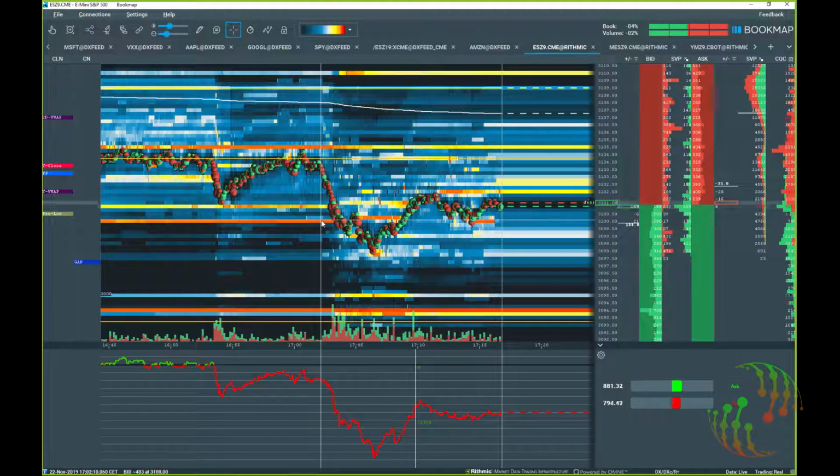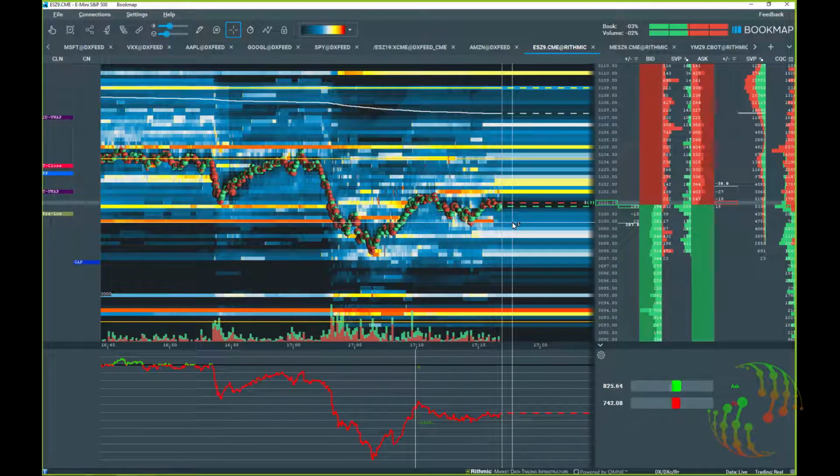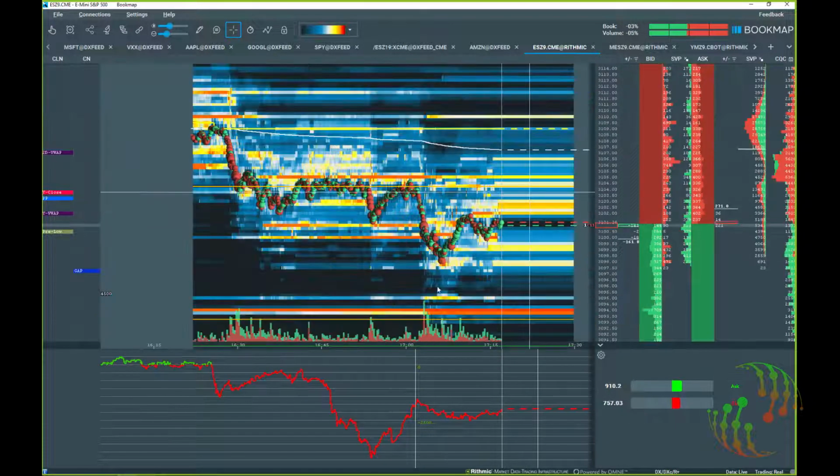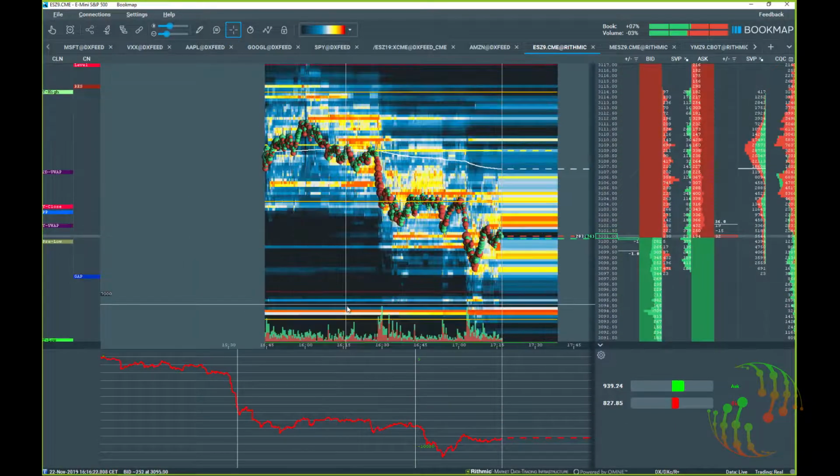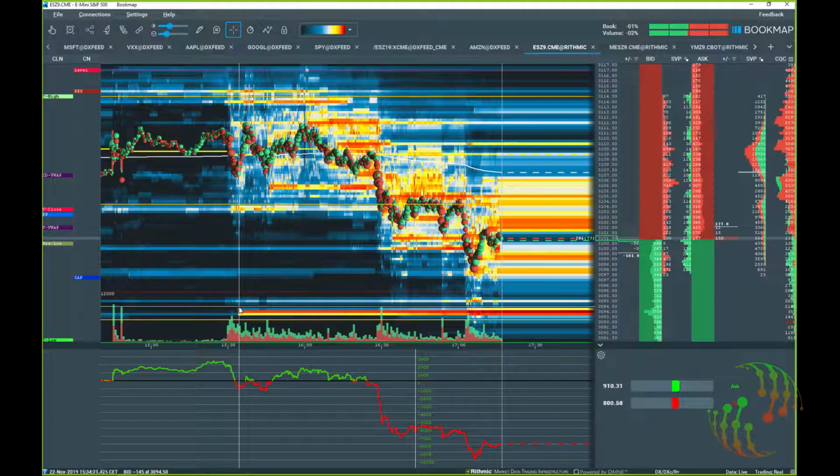It was the same level as here. Then it was hit, then the price went up, and then they suddenly cancelled. I wanted to say this would be my priority one liquidity, because it has been there since the start, since the session started at 9:30 Eastern time.